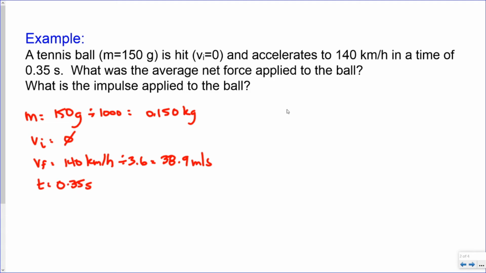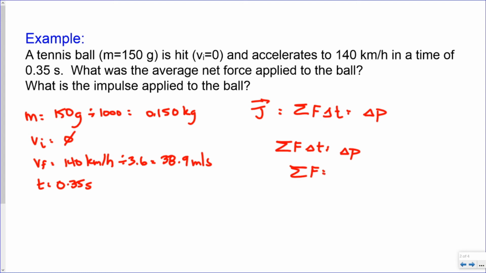Okay, what was the average net force applied to the ball? Take a look at the momentum impulse theorem. We have impulse equals the net force times time, which is equal to the change in momentum. If we're looking for average net force, we're looking for this part, so let's deal with the right half of this. We'll have net force times time equals change in momentum. We'll divide both sides by the change in time.